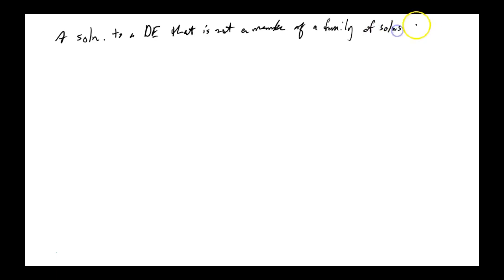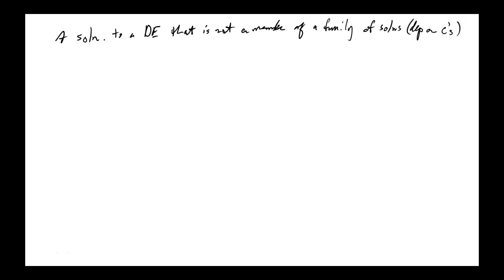Okay? A solution to a differential equation that is not a member of a family of solutions, and families of solutions depend on the C's, the parameters, okay?